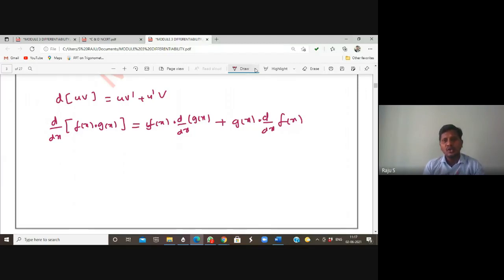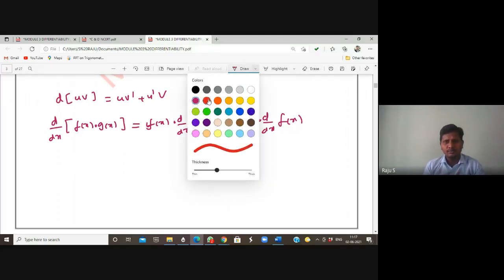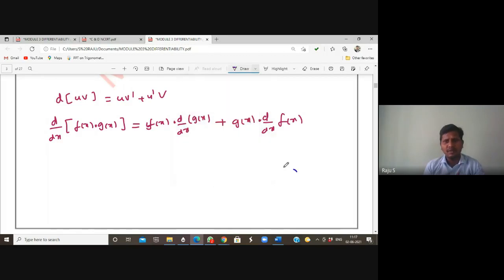The quotient rule or division rule is given by d of u by v equals, shortcut formula, v u dash minus u v dash by v square.